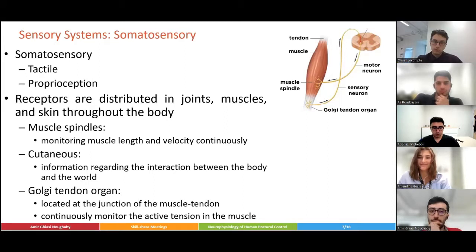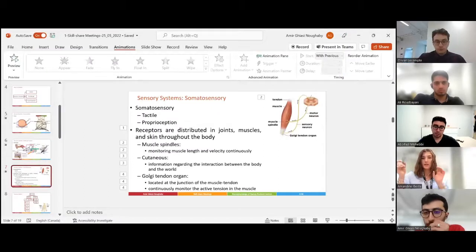Thank you. So Amandine, can you explain your question a little bit further? What exactly are you referring to as ligament? In fact, the tendon is between a muscle and a bone, but the ligament is between two bones.